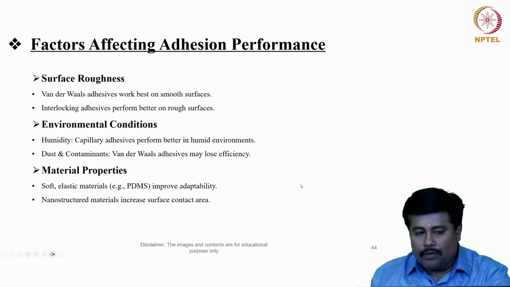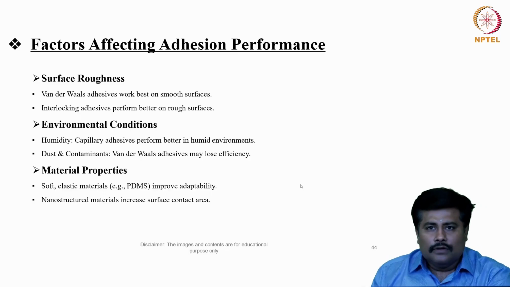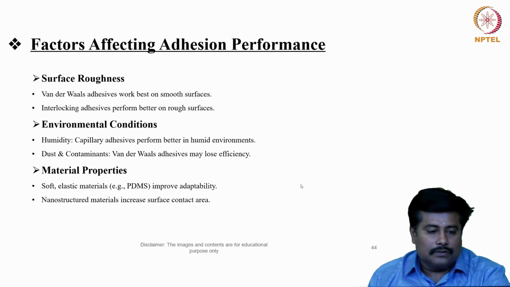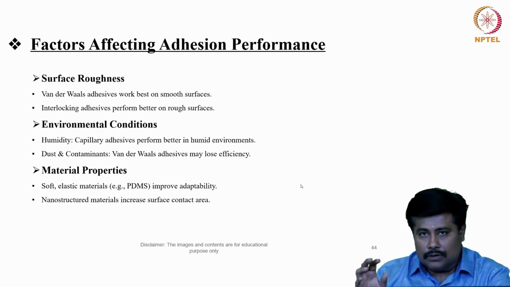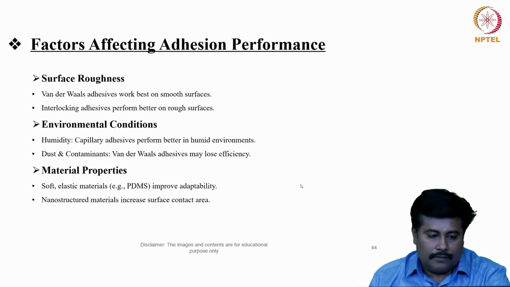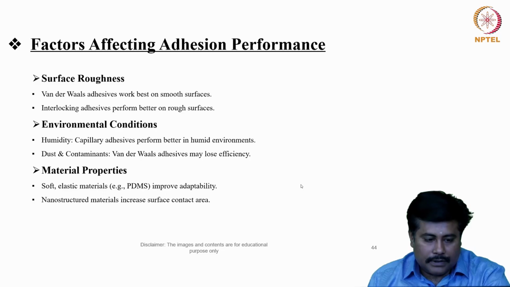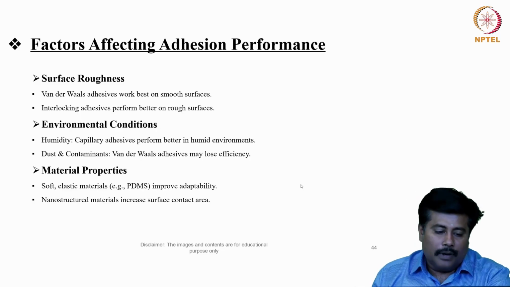Now let us discuss some of the factors affecting adhesion performance. One factor is surface roughness, where van der Waals adhesives work best on smooth surfaces and interlocking adhesives perform better on rough surfaces. From an environmental condition point of view, there is humidity. Capillary adhesives perform better in humid environments.